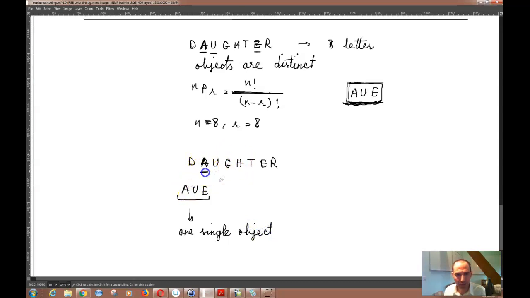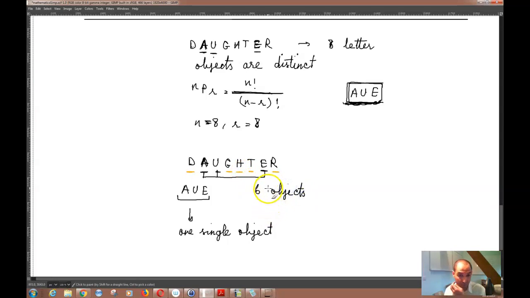So I said that A, U, and E are all one object. Then you have this object over here. This is another object. This is another object, another object, another object, and another object. So you have 1, 2, 3, 4, 5, and all of these are one single object. So you have 5 plus 1 is equal to 6 objects.